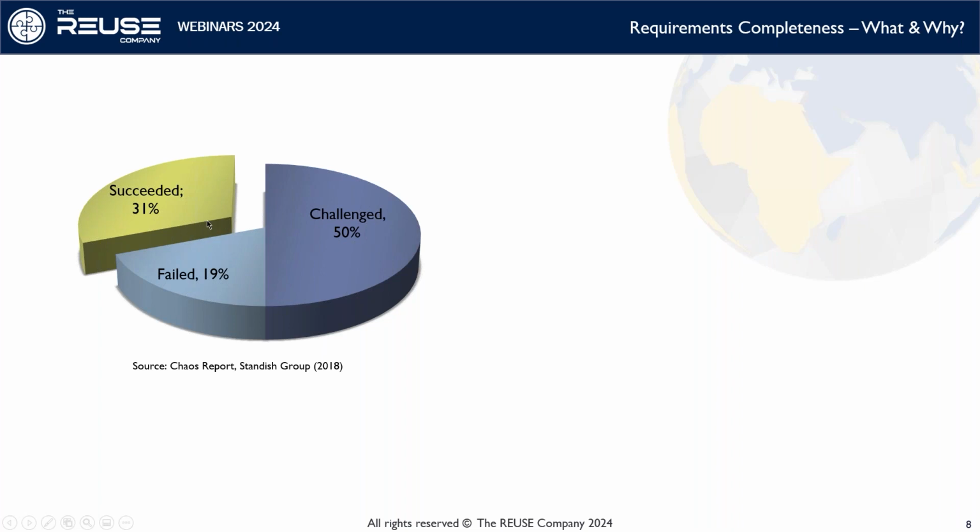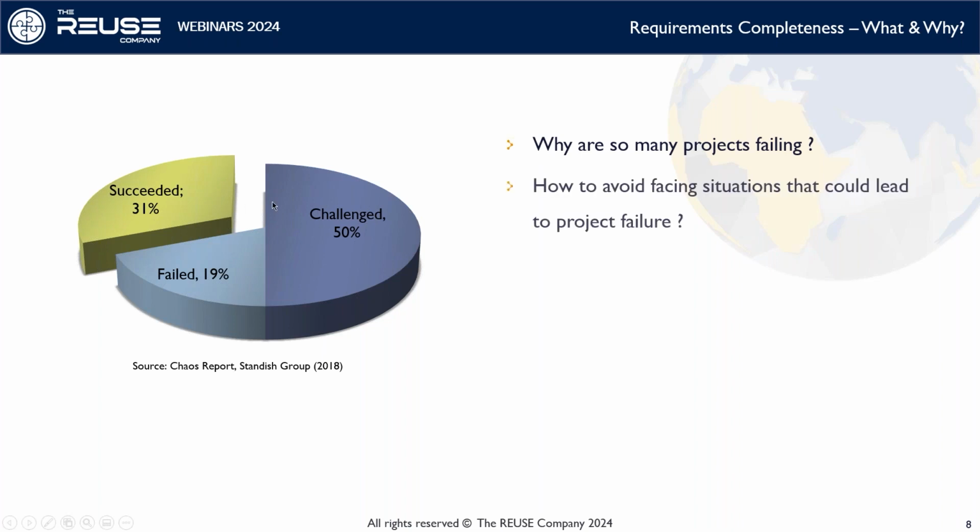And we'll see that that's a very striking number, considering that we can have a lot of projects that don't go as expected. And related to completeness, we have to ask ourselves, why are so many projects failing? That's the first information we would like to get from this pie chart, and also how to avoid facing situations that could lead to project failure. And we'll see that completeness has a big part in it.